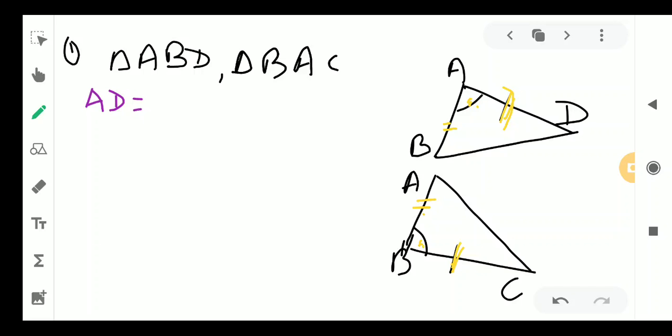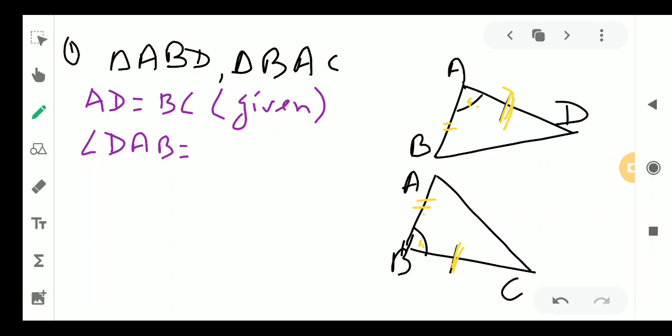AD equals BC. It is given here. Angle DAB equals angle CBA. It is also given.